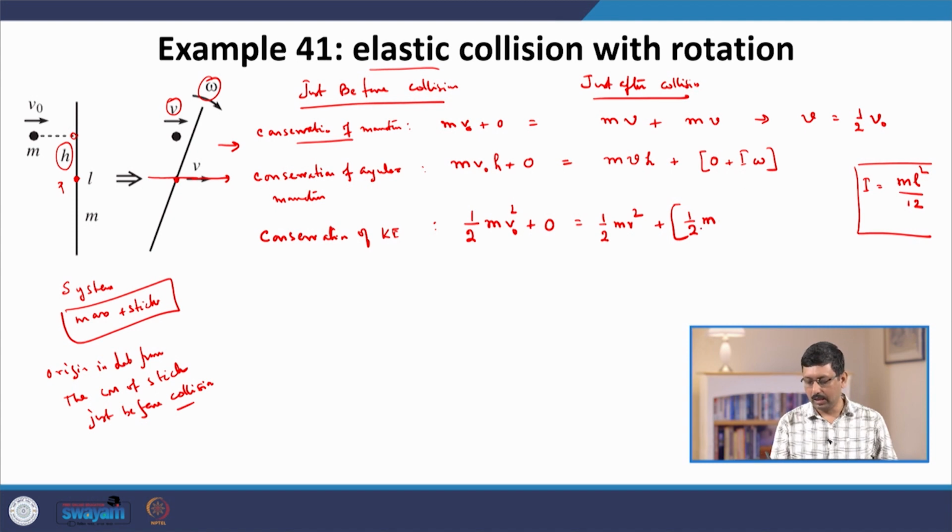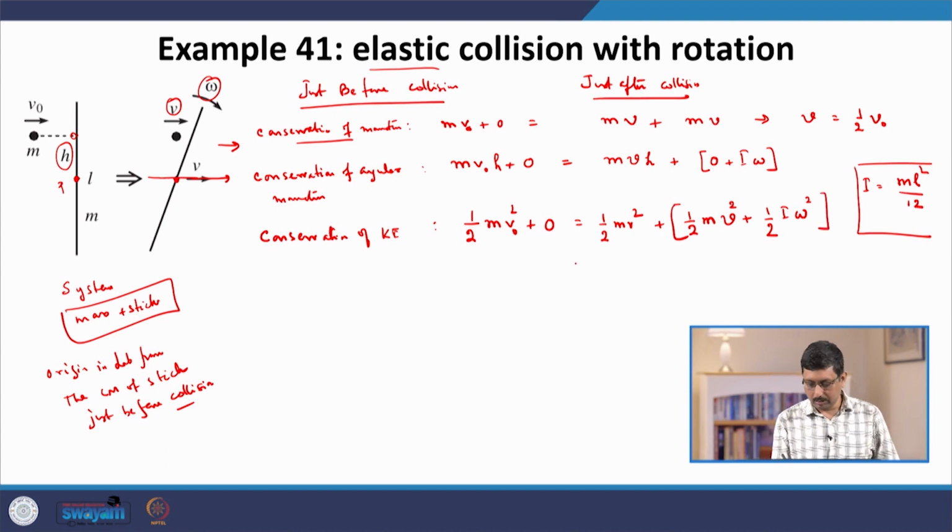So this is half m v square plus the kinetic energy about the center of mass, which is half I omega square.